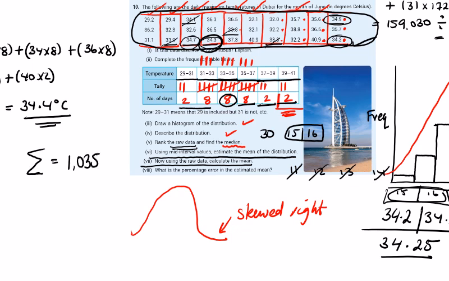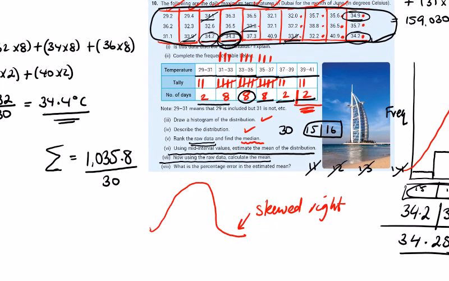Yeah, 1035.8 is what it's giving me. And if I divide that by 30, I get 34.53 degrees Celsius.